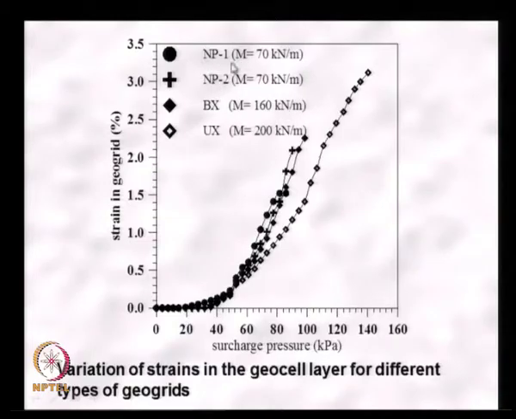Then NP1 and NP2 have much lower modulus values of 70, and the strain that was measured was found to be related to the modulus of the geogrid layers. The stiffer geogrid layer developed smaller strains as compared to the softer geogrid layers.